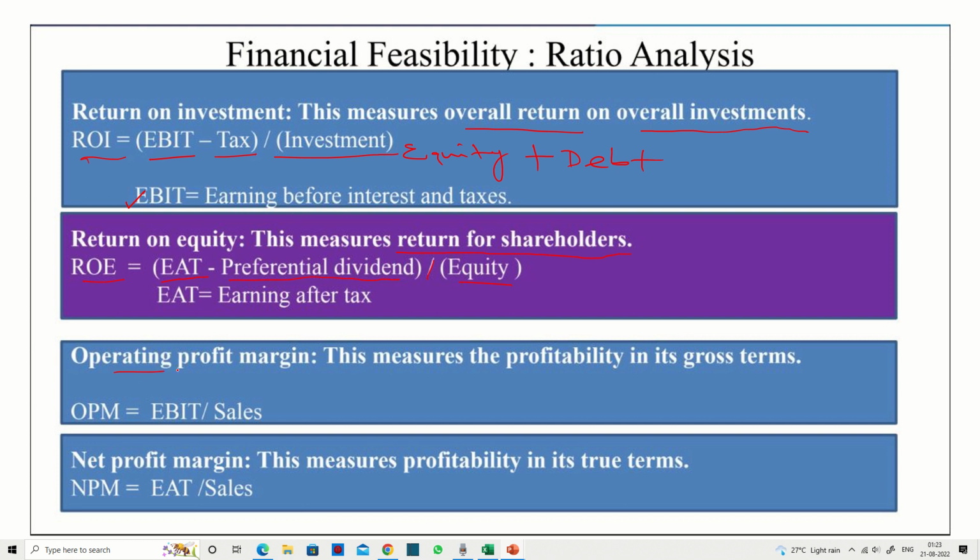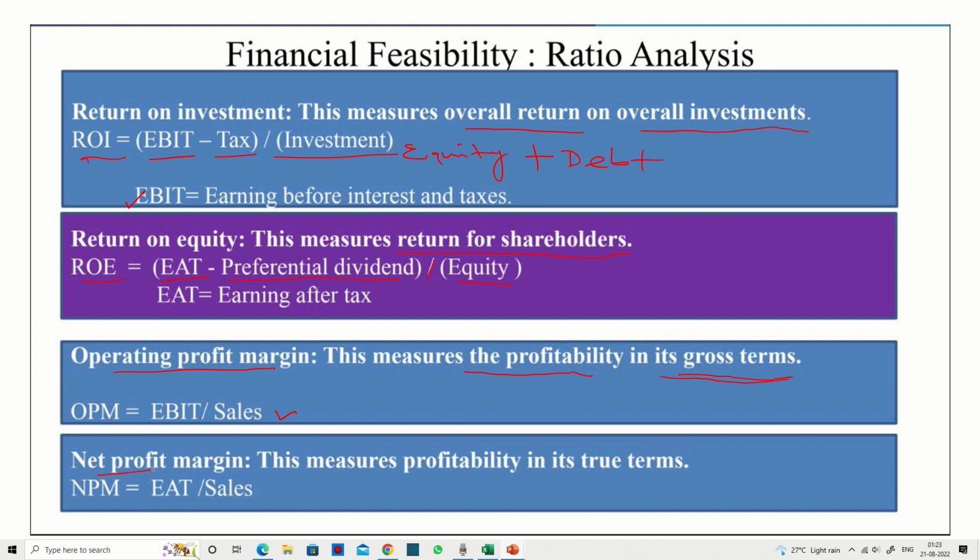Operating profit margin. This measures the profitability in its gross terms. Here I am repeating the word gross terms. And operating profit margin is equal to EBIT divided by sales or revenue. EBIT stands for earning before interest and taxes.